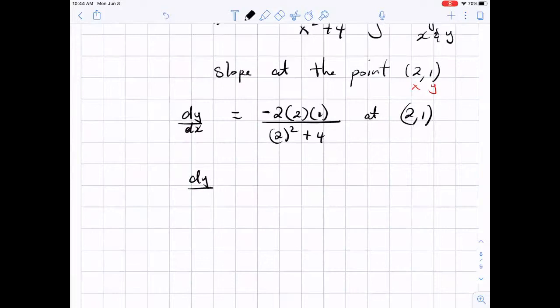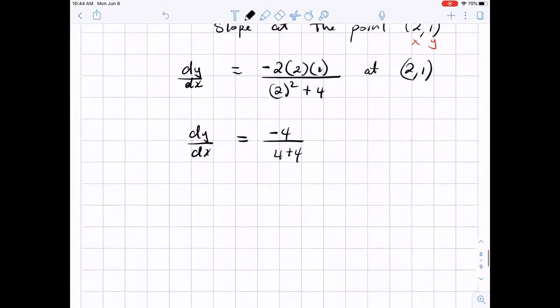So dy/dx is equal to minus 4 over 4 plus 4, which is equal to minus 4 over 8, which is equal to minus 1/2. So the slope is minus 1/2 at (2, 1).